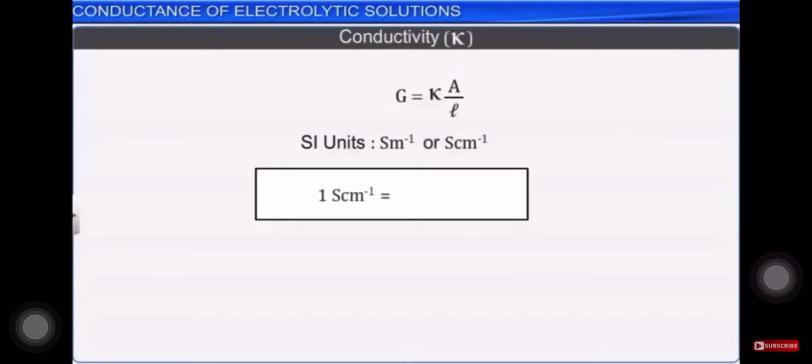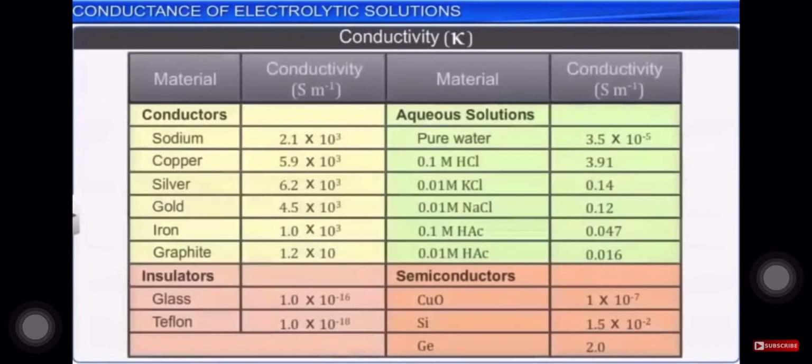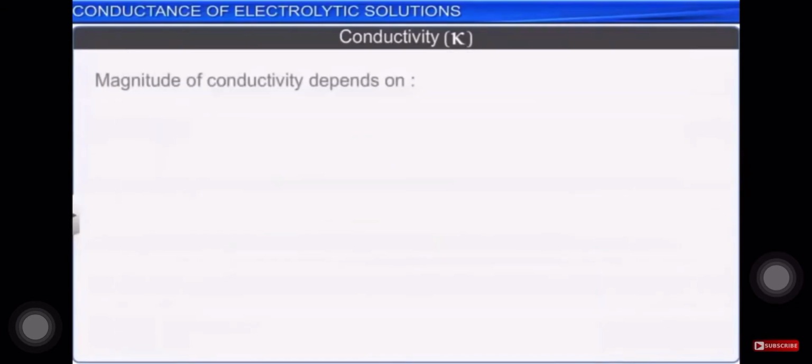Now here the unit is Siemen meter inverse, whereas earlier it was mho, right? So 1 Siemen per meter is equal to 0.01 Siemen per centimeter. These are a few data given over here for conductance of materials.